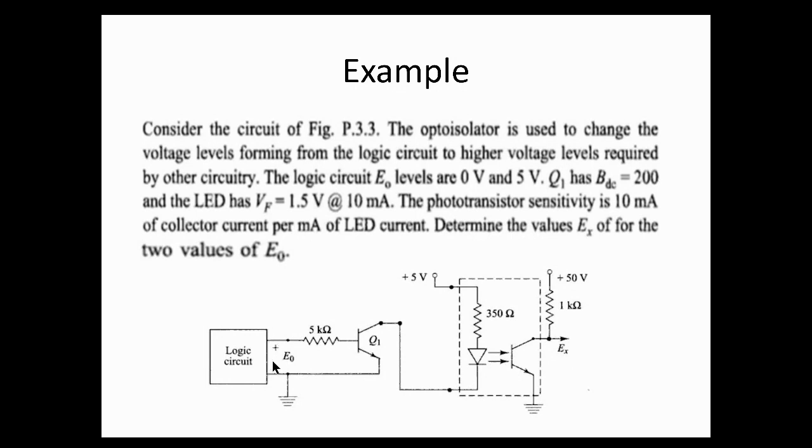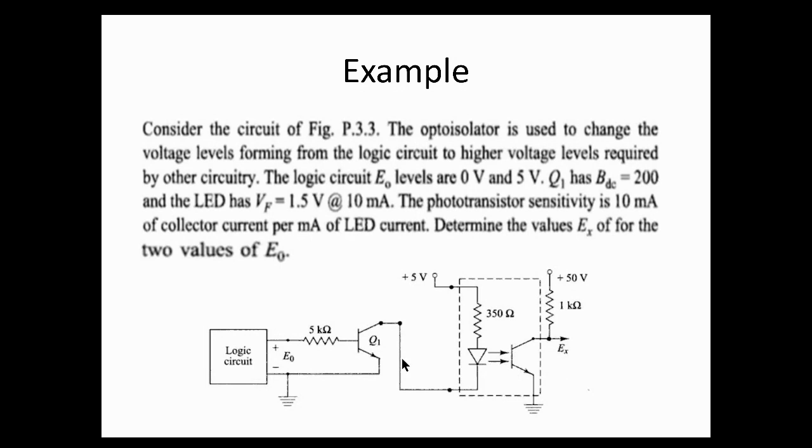So you have two logic levels, right? It could be 0 volts that we get out in one instance, and 5 volts in the other. So I want you to tell me, when we have 0 volts coming out from your microcontroller, what is the output voltage here, EX?